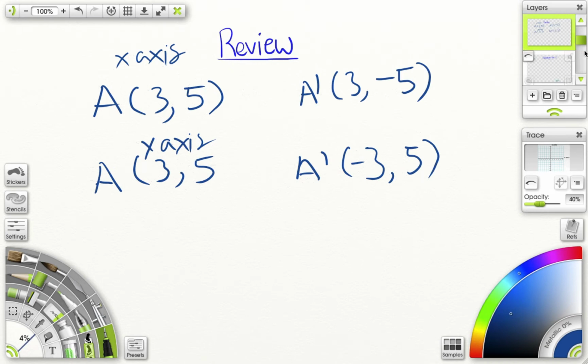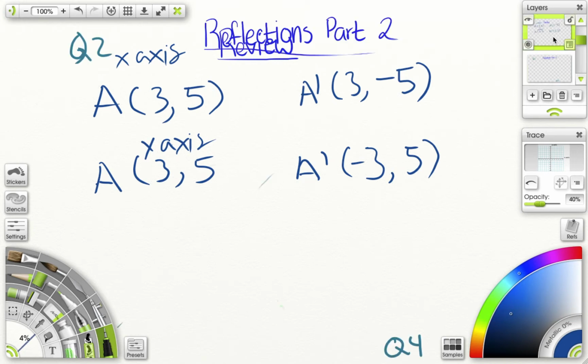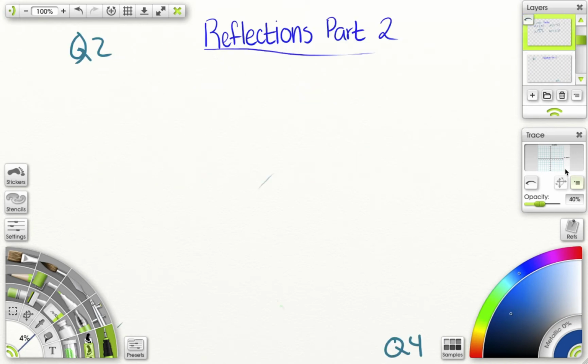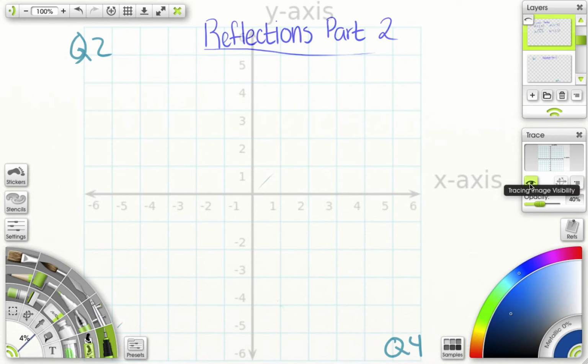What we are doing today is talking about a different type of reflection. If I give you a grid right here, we're going to go over the quadrants of the grid. I've talked about this before, but we'll talk about it in a little more detail today.